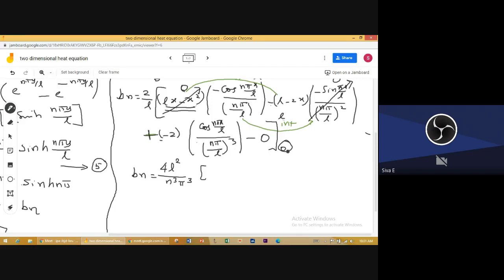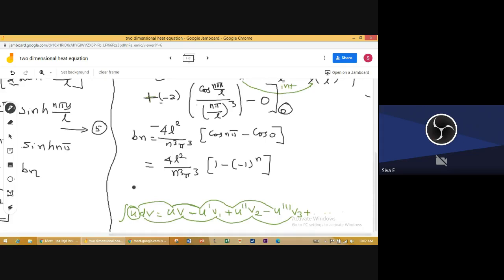First apply that, take minus here: cos n pi minus cos 0. So 4l square by n cube pi cube, take that minus inside, cos 0 is 1, so 1 minus cos n pi is 1 minus of minus 1 whole power n.